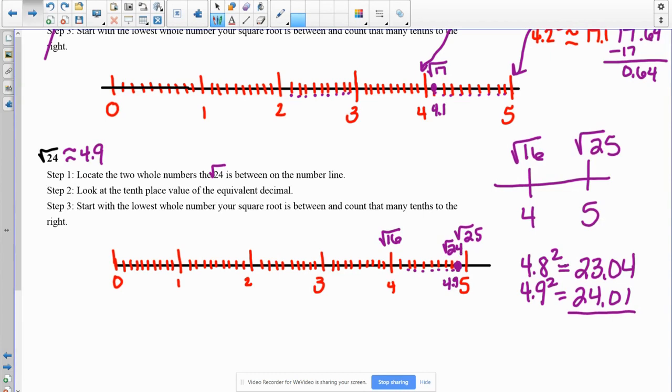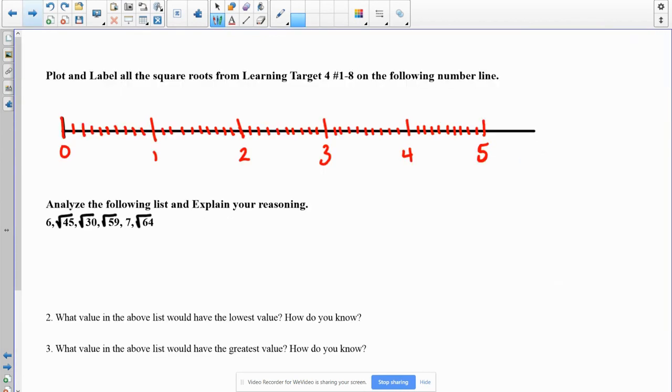Okay, next example. This time they want us to go back into learning target 4, look at problems 1 through 8, and put them on the number line. I'll give you a moment to turn back to problem 1 on LT4, which would have been our video notes.